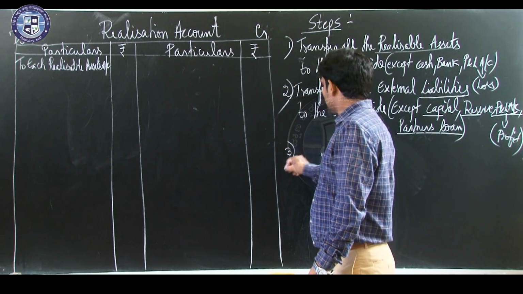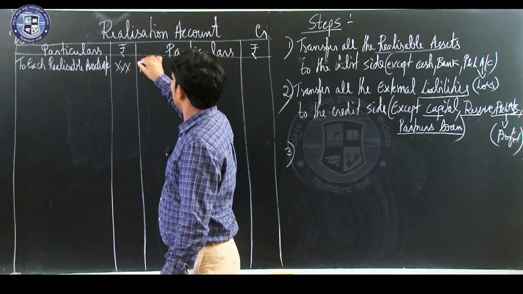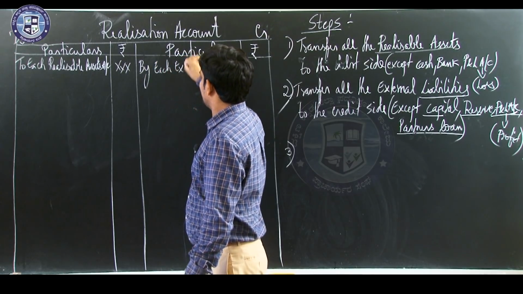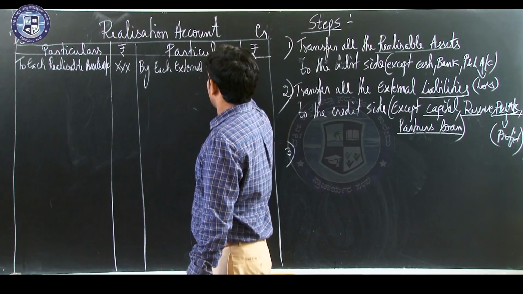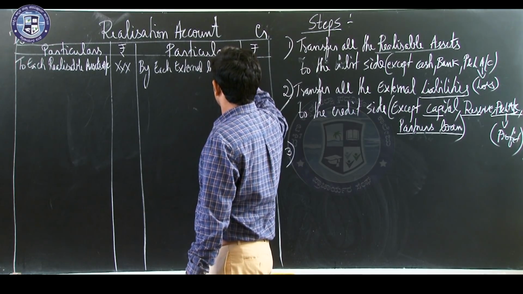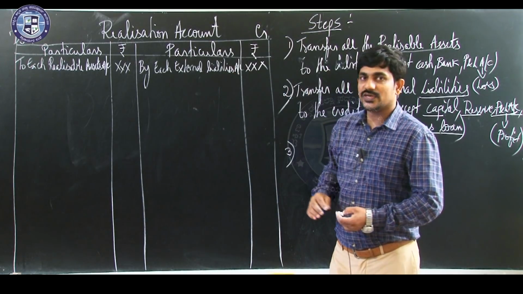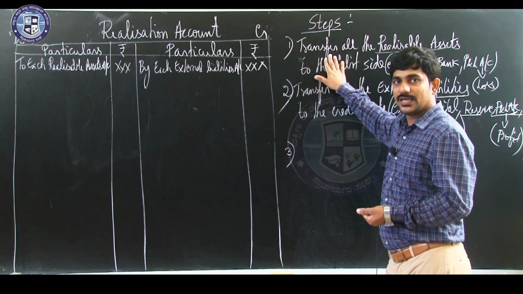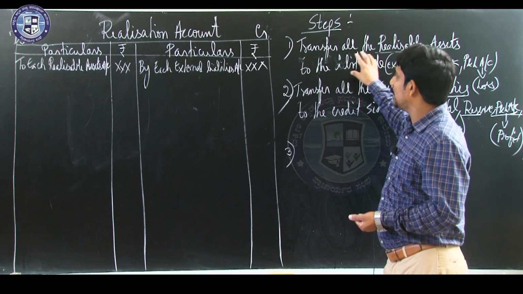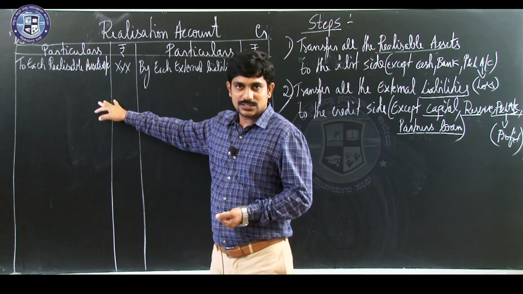Third step, now, second step is you need to transfer each external liabilities account. Hope you understood the first 2 steps. First step, I'll repeat again, is transfer all the realizable assets to the debit side of the realization account.